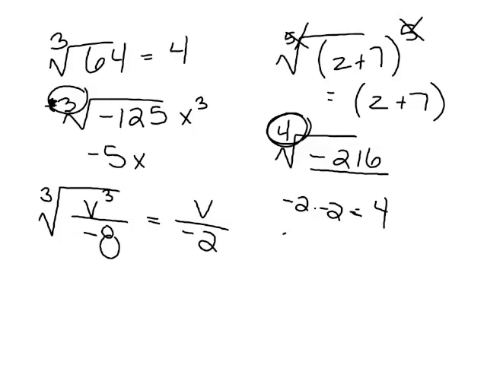If that had been the third root, can I do that? I can. So the cubic root of a negative 216 is a negative 6, right?